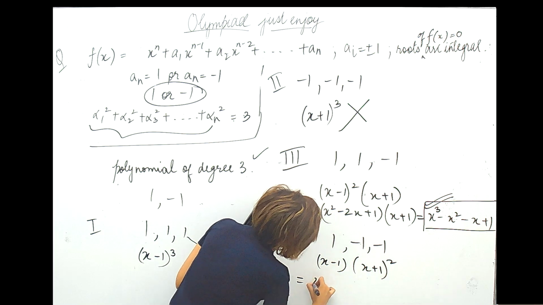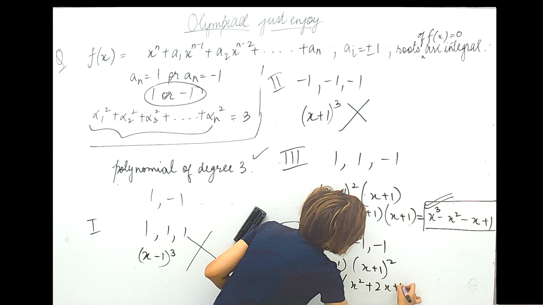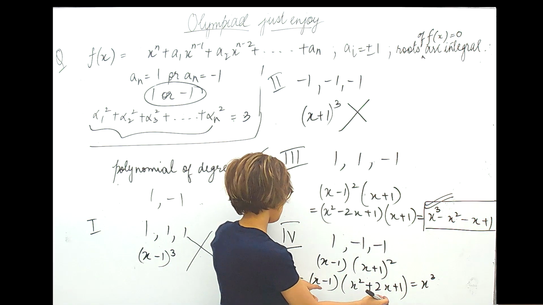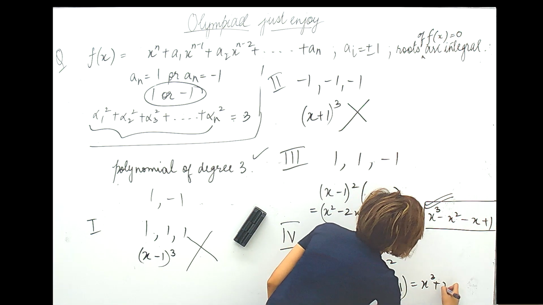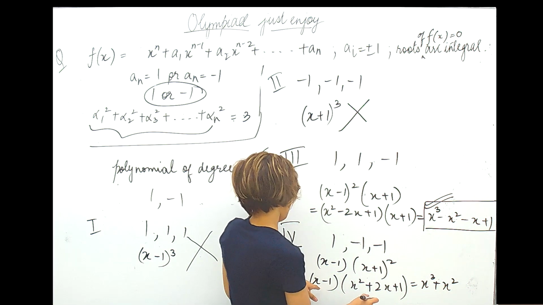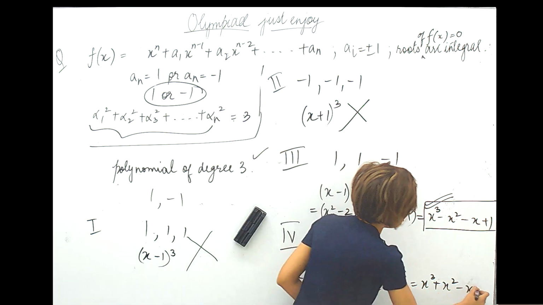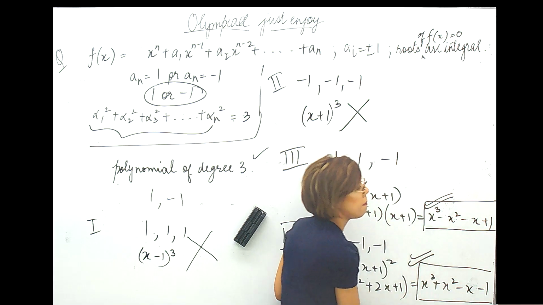So this is nothing but x minus 1 into x square plus 2x plus 1. So this turns out to be x cube. From here, 2x square minus x square, as in x square. Then x minus 2x minus x and then minus 1. That's your second possible polynomial.